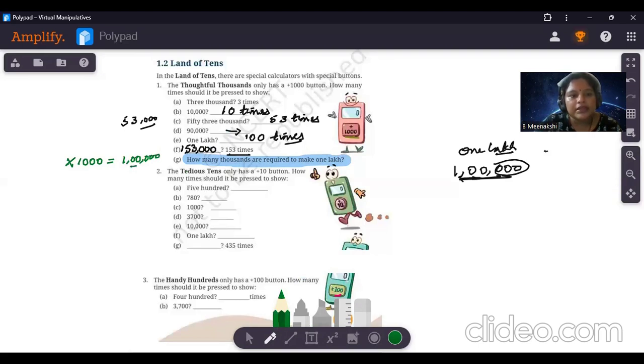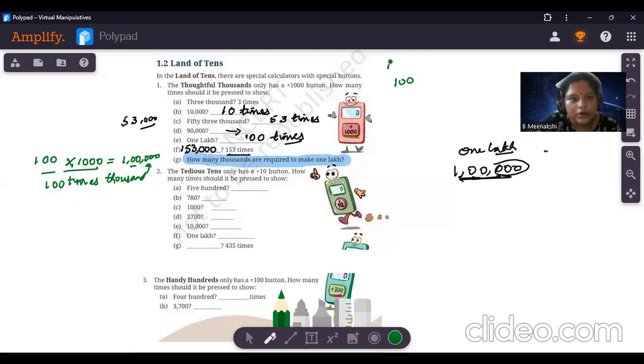There are two extra zeros in 1 lakh, so you have to write it as 100. So 100 multiplied by 1000 is nothing but 1 lakh. So 100 times 1000 will give you 1 lakh. Or you can say 100 thousands are required to make 1 lakh.